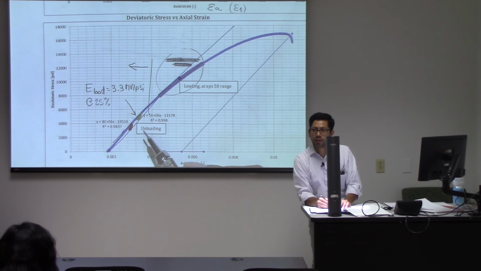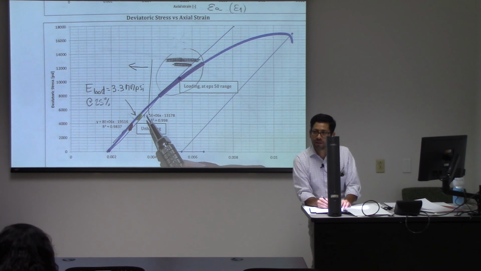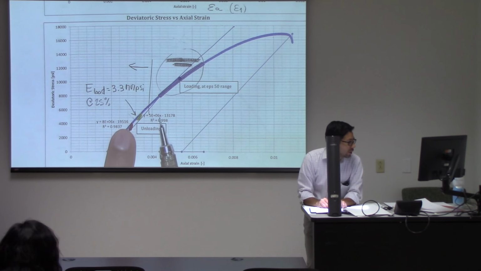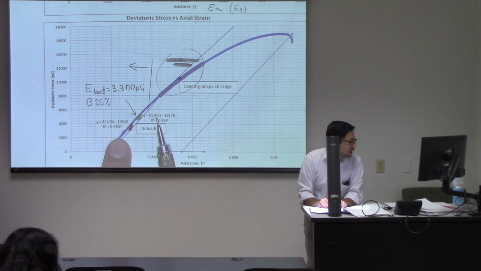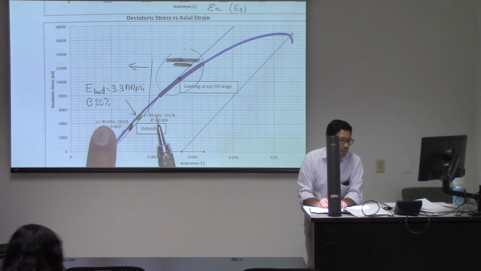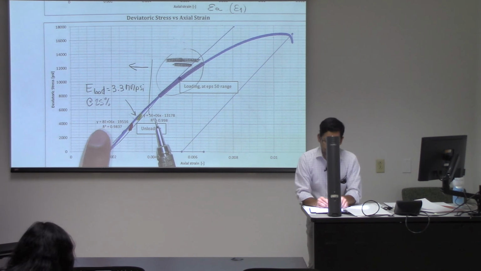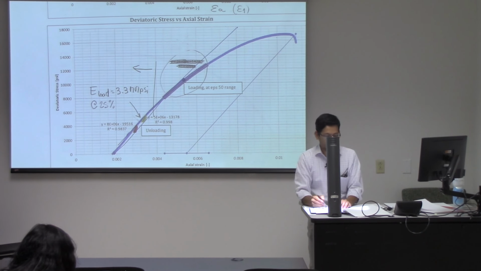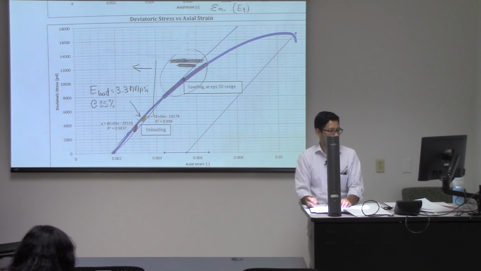Mr. Boswell, you got that number? Yeah? What about the unloading? 5 and 7. Yeah, I think, if you look here, this one is 5, this one was about 8. So for the unloading, you will do it by fitting the lines to the unloading part.